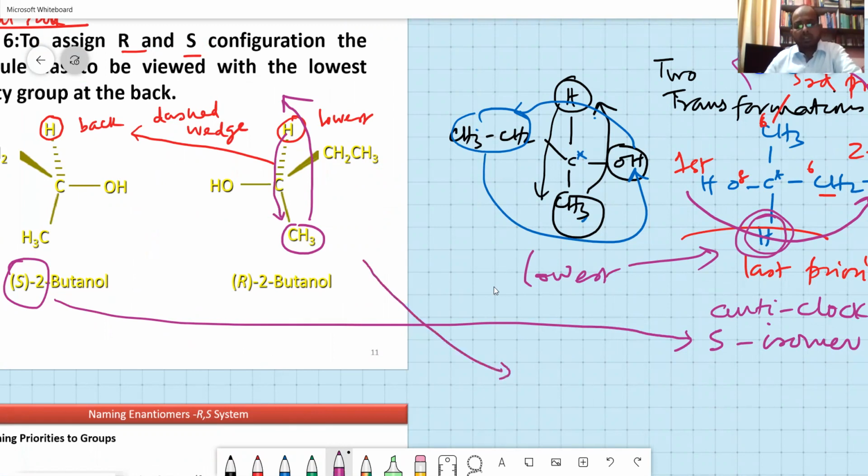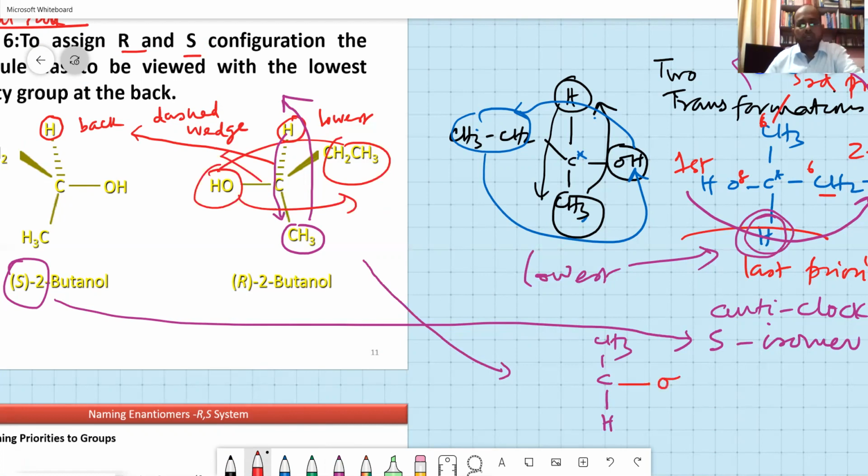Here I have put CH3 there and then H here. So H is being brought to the bottom. Because one exchange is not allowed, you have to take 2 exchanges. This will go here and this will go here. That means OH comes to the right, CH2 CH3 goes to the left.